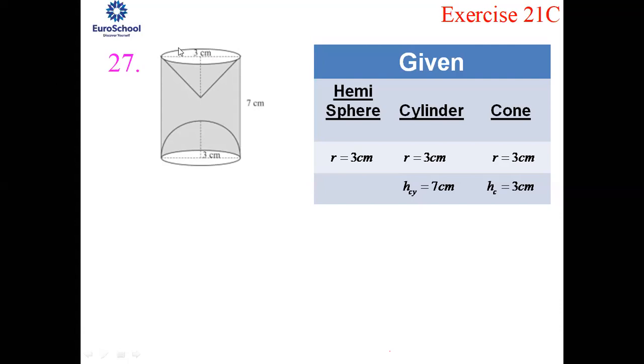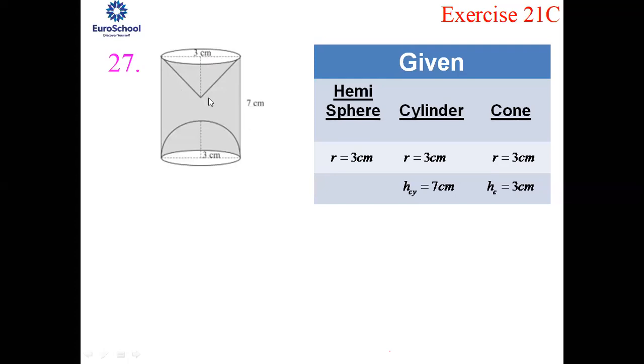They are removing some part of this cylinder in the shape of a cone. So this much part is going away, plus they are taking away some part of the cylinder in the shape of a hemisphere from the bottom. You have been asked to find the volume of the remaining solid. What is being left out is what you need to calculate.